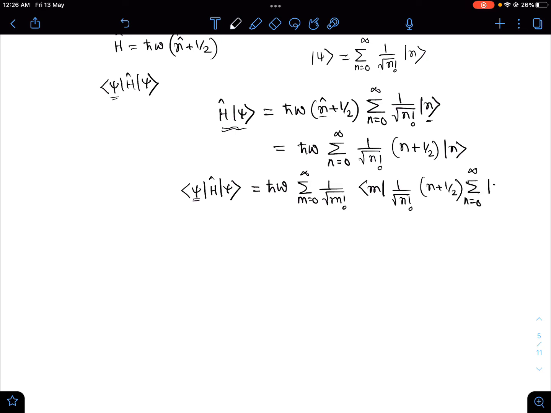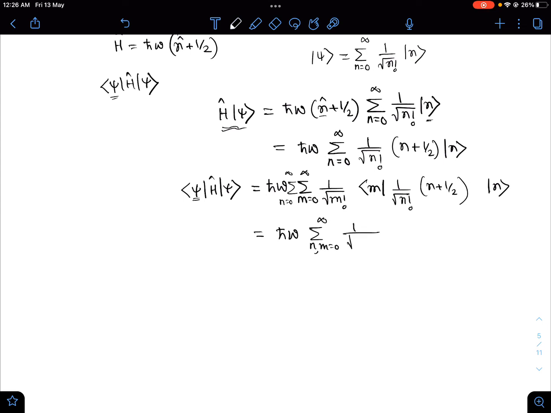Sorry, we have to put the summation here. So let us put the summation here, n from 0 to infinity. So this is our result. Let us simplify this. n and m, both are from 0 to infinity.